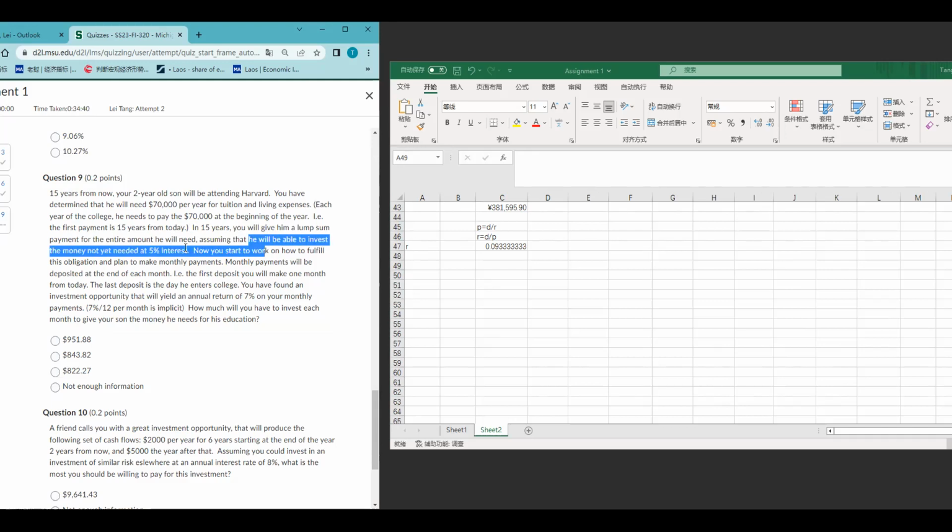Assume that he will be able to invest the money now at 5% interest. Okay. Starting work halfway through this obligation and plan to make monthly payments. Monthly payment is at the end of each month, but this thing is at the beginning of the year, okay.